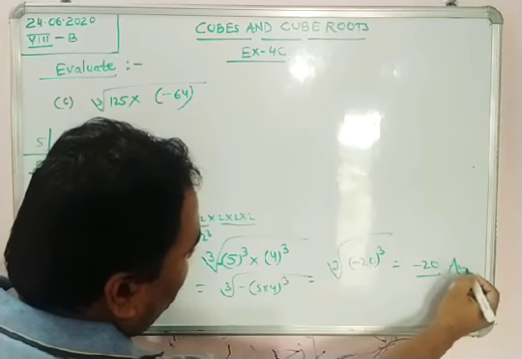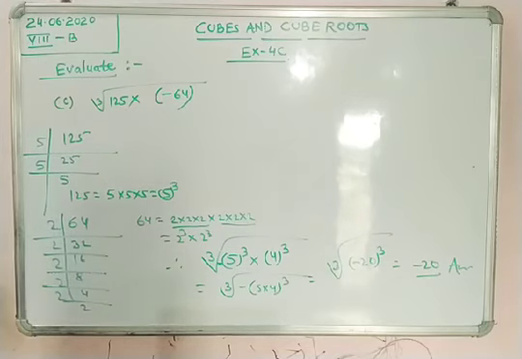So this minus 20 is the cube root for question number E. Okay. Now, another question F can be done in similar ways. You can see. Now, I am going to show you the solution for question number H.